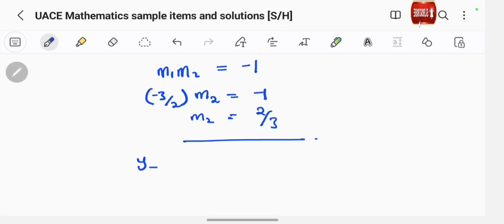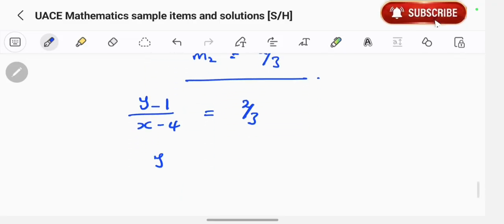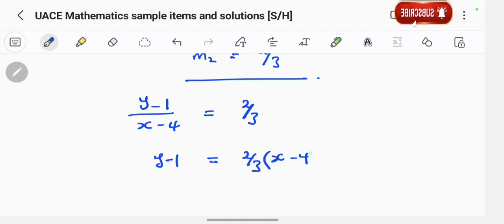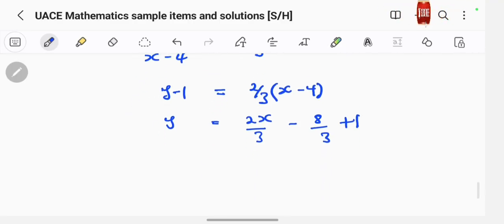Since this equation is passing through the same point 4, 1, we shall use that same concept. y minus 1 is equal to 2 out of 3 into x minus 4. I'm moving this one: 2x out of 3 minus 8 out of 3 plus 1.